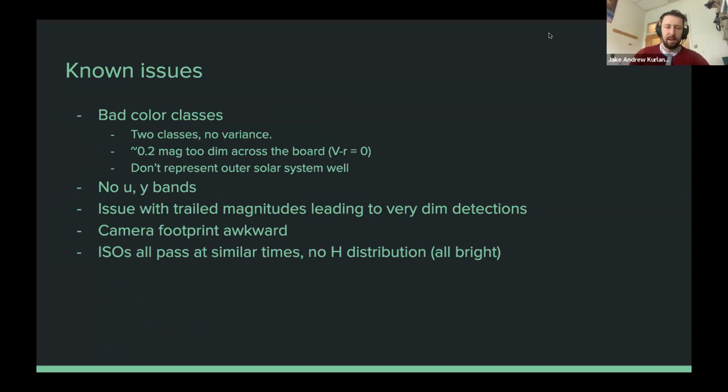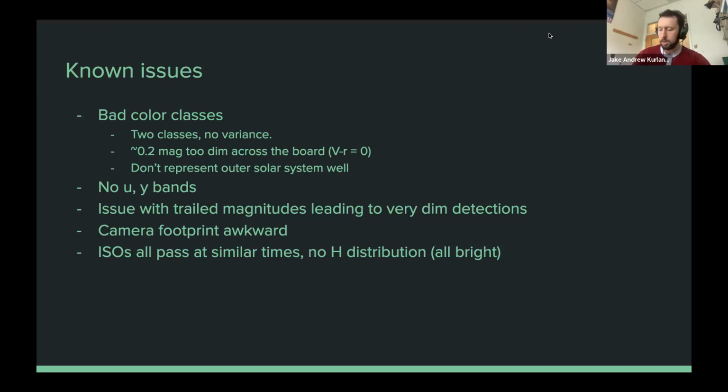We had V minus R set to 0 instead of what it should have been, about 0.2 for those 2 classes. So overall, pretty much the whole survey is about 0.2 of a magnitude too dim. This corresponds to about a 16% underestimate of the number of objects, at least for the main belt.